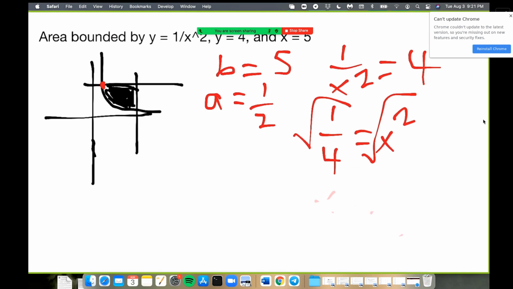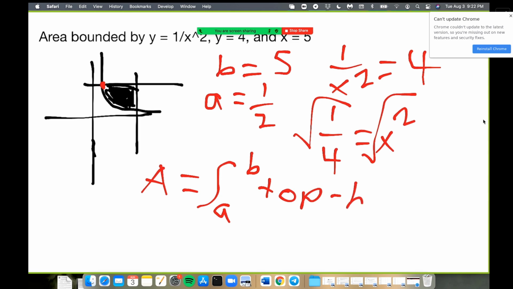Sorry about that. But I still want to see the graph. So it'll be A for the area equals the integral from a to b, where those are limits of integration, of the top function minus the bottom function with respect to x.